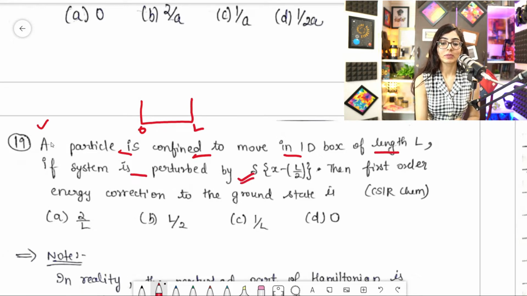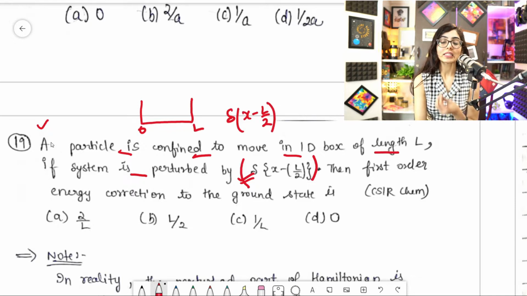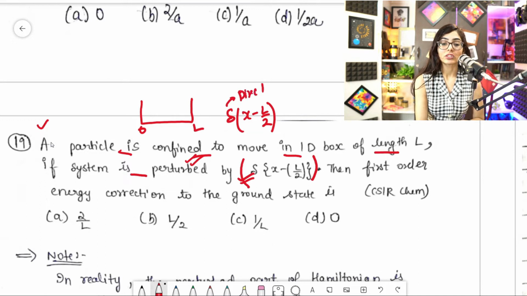The perturbation has been given in the form delta of x minus L by 2. So you can see in the question the perturbation has been given in terms of the Dirac delta function.